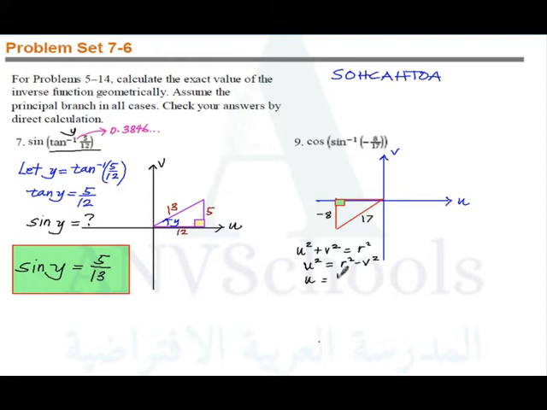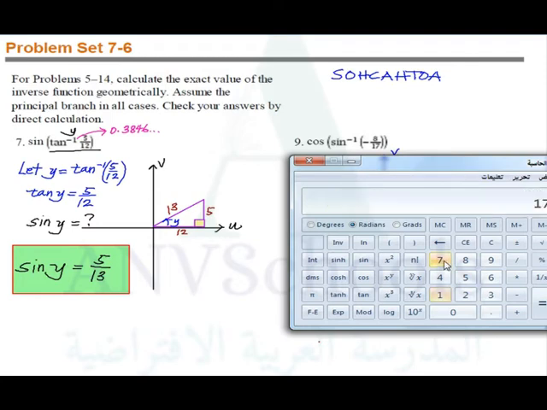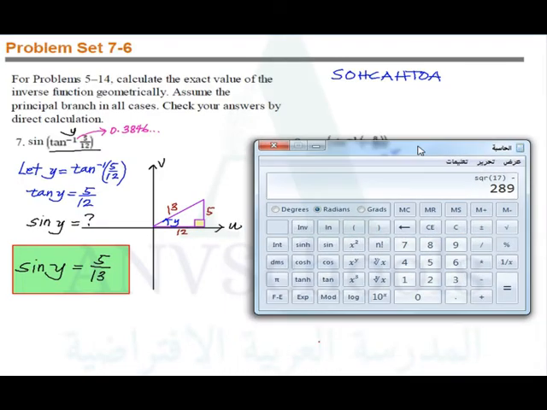So u is positive or negative square root of 17 squared minus negative 8 squared. So 17 squared minus 64 equals 225, and the square root of 225 is 15.